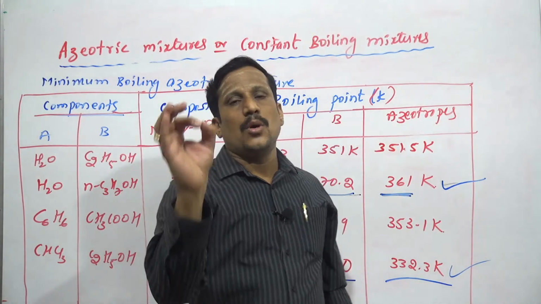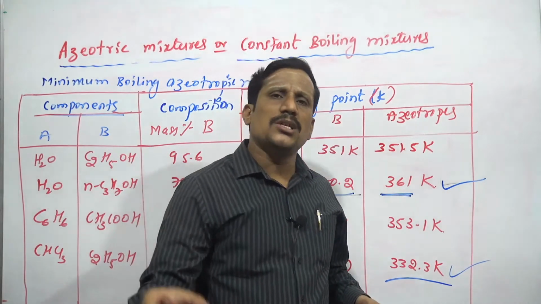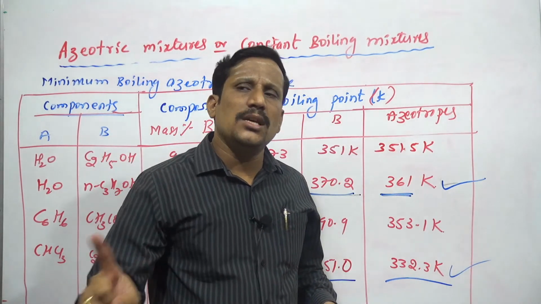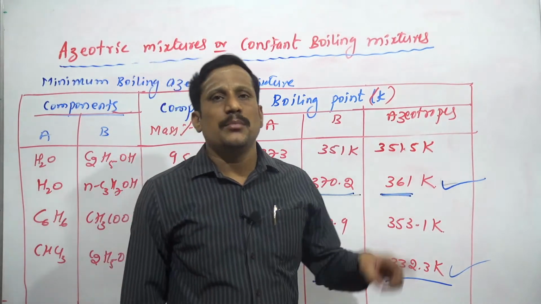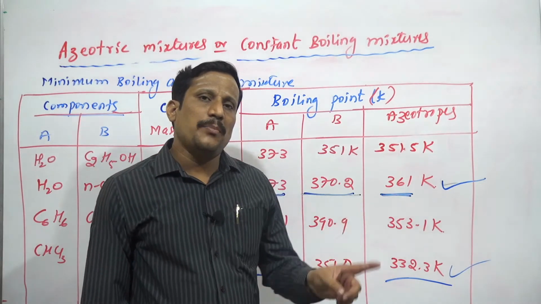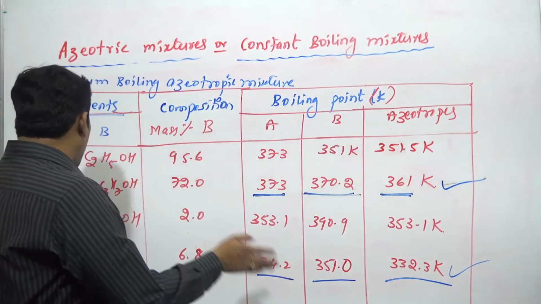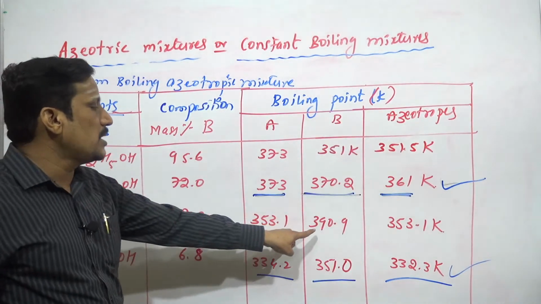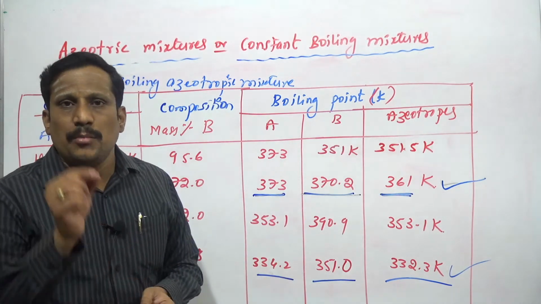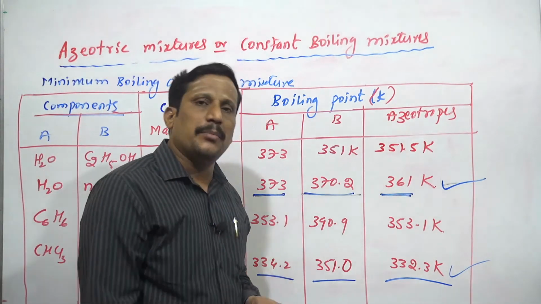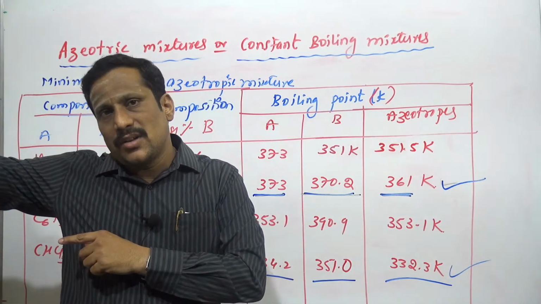Ethyl alcohol boils at 351 Kelvin because at that temperature the vapor pressure of the ethyl alcohol is equal to the atmospheric pressure. Water boils at 373 Kelvin because at 373 Kelvin the vapor pressure of the water is equal to the atmospheric pressure. Same thing, you can take any example. Acetic acid boiling point is 390.9 because at 390.9 Kelvin temperature, the vapor pressure of the acetic acid is equal to the atmospheric pressure.